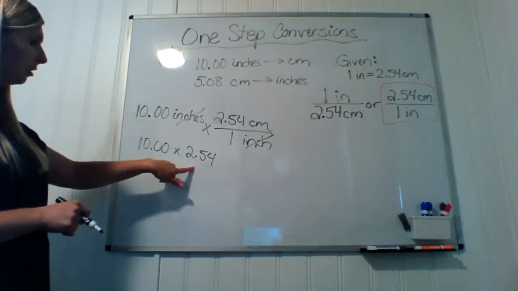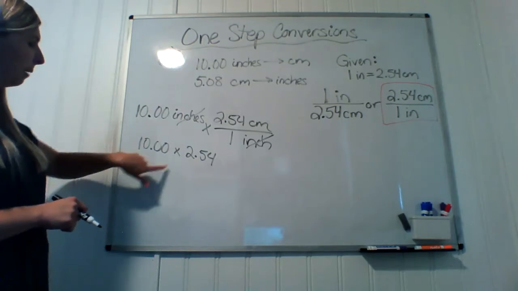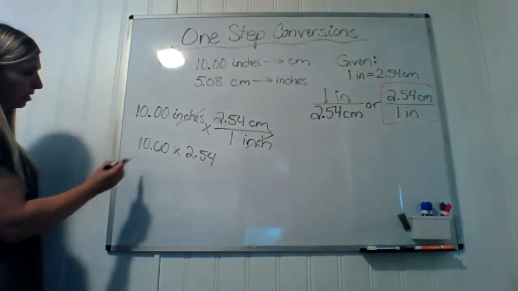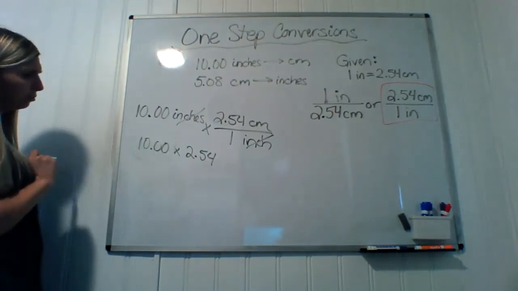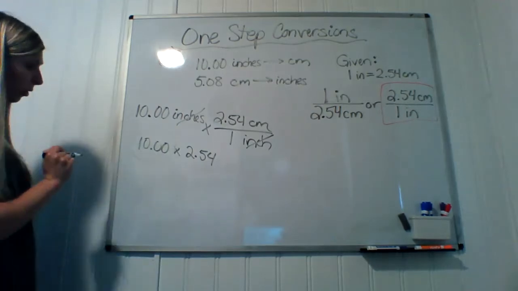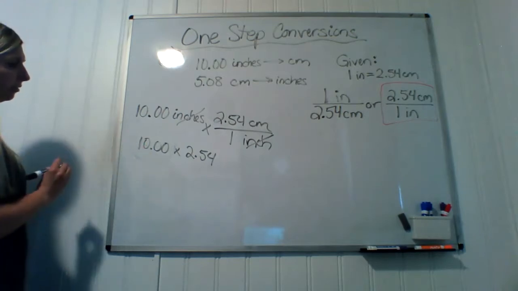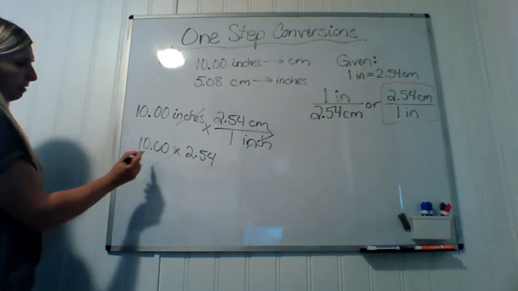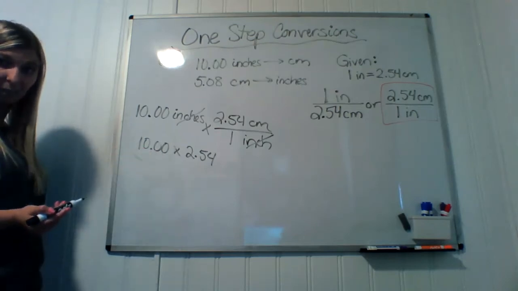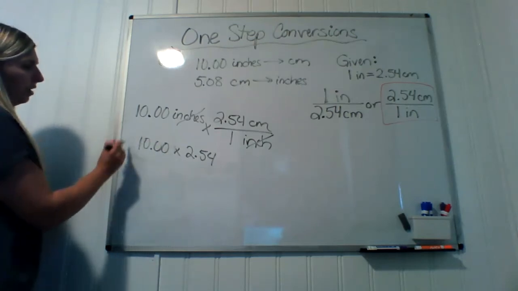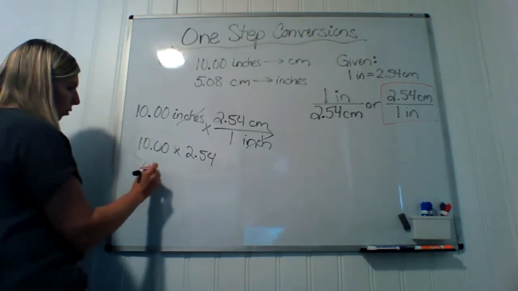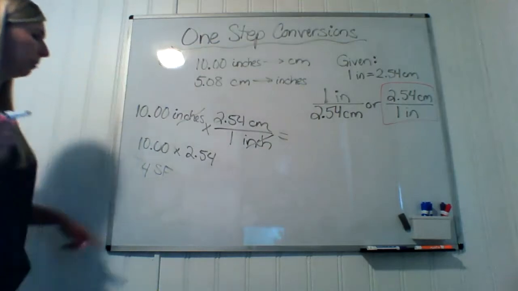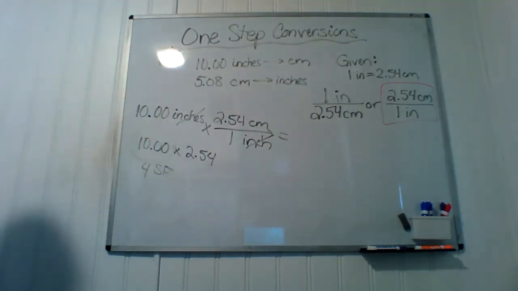So your final answer is going to have the number of significant figures that is in this value. Okay, and we count all of the zeros here because there is a decimal after the 0, and then there's the decimal that is before these trailing zeros. So this value has 4 significant figures. So therefore, our final answer will be rounded to 4 significant figures.